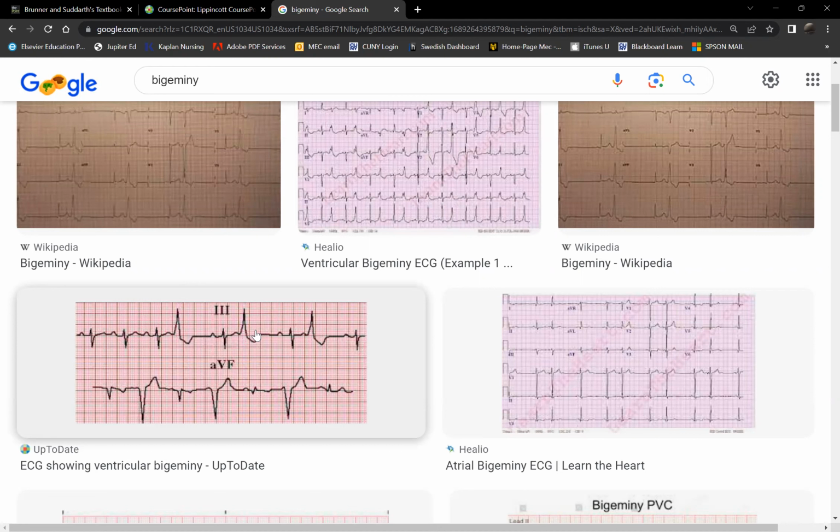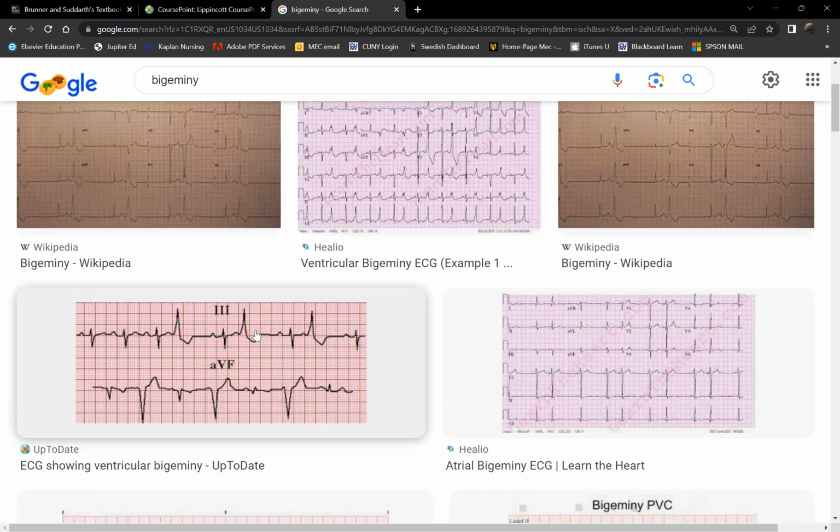If it's every third beat, we call it trigeminy. So if it's sinus, PVC, sinus, PVC, meaning every third beat, it'll be trigeminy. What do you think the pattern will be if it's quadrigeminy? Every fourth beat, sinus PVC, sinus PVC.